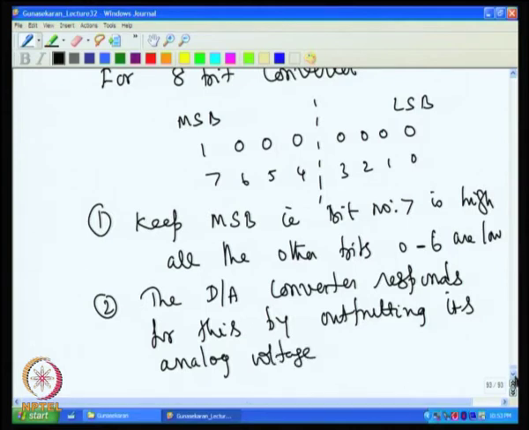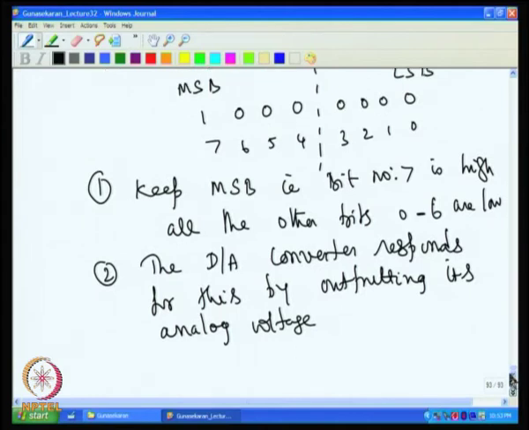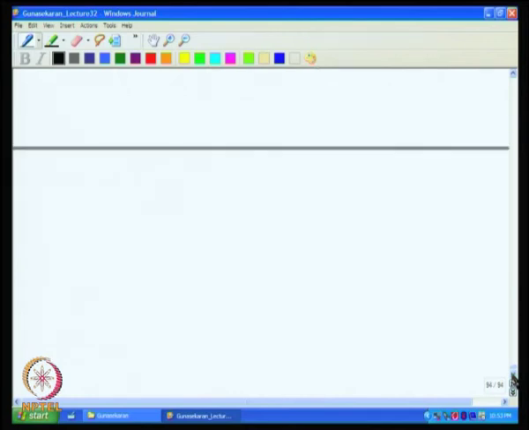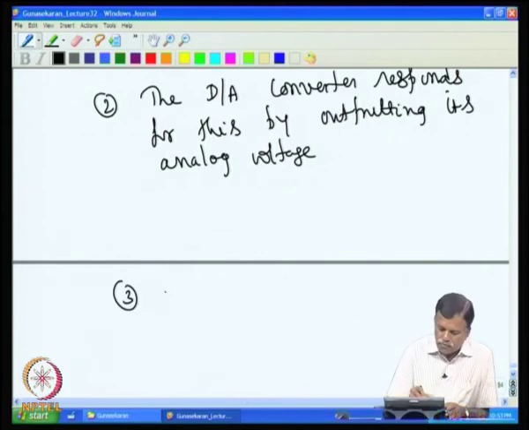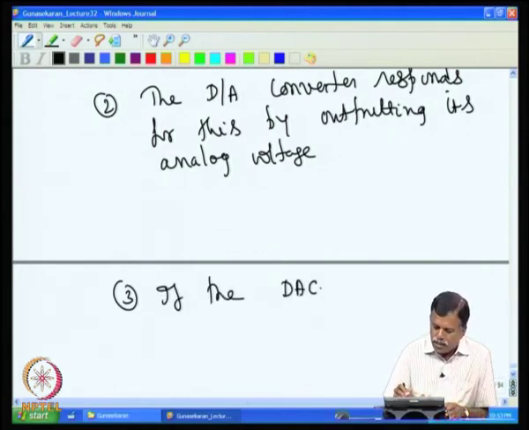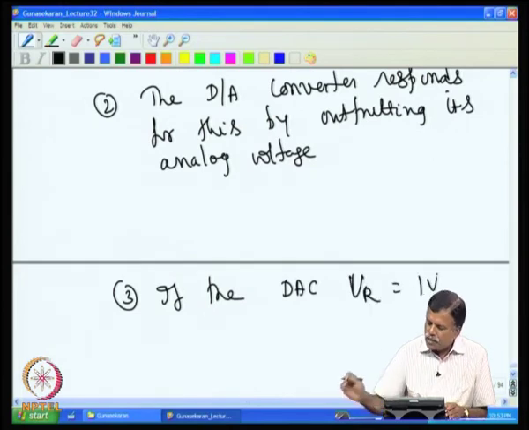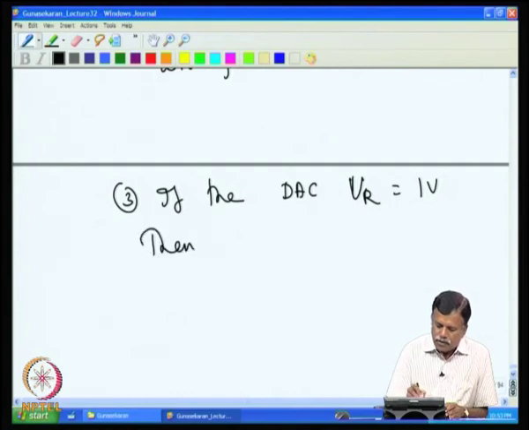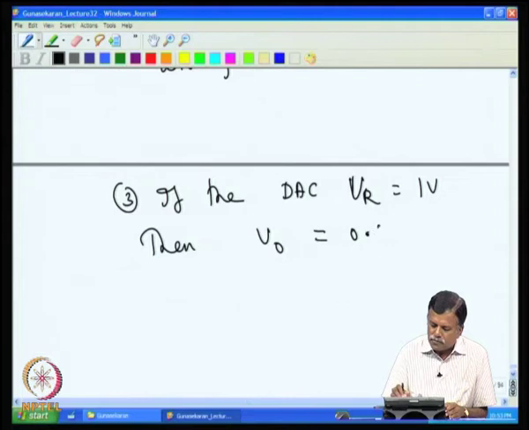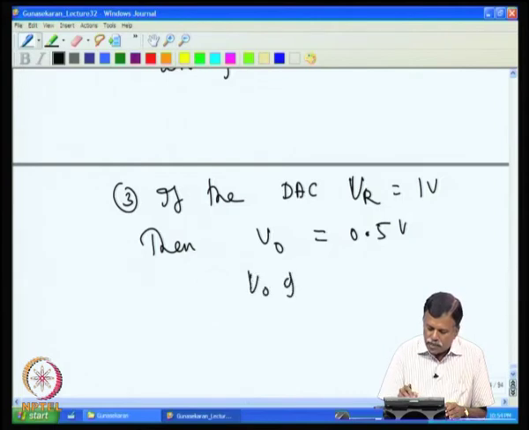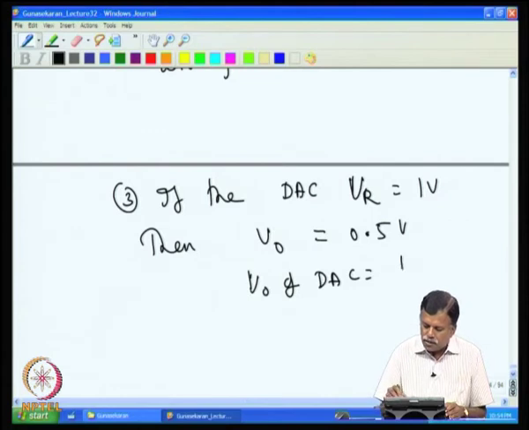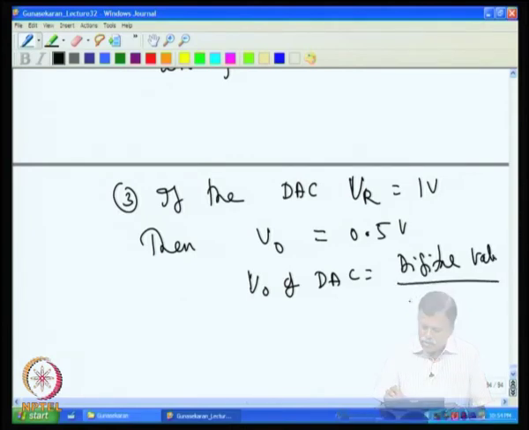If the reference voltage for the DAC is 1 volt, then the V output of the DAC would be 0.5 volt, because V0 of the DAC is given by the digital value divided by 2 power n, into V reference.